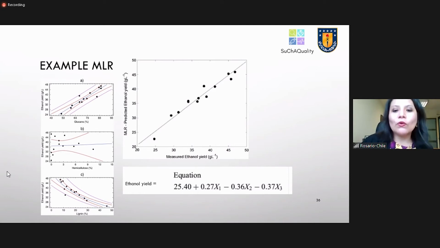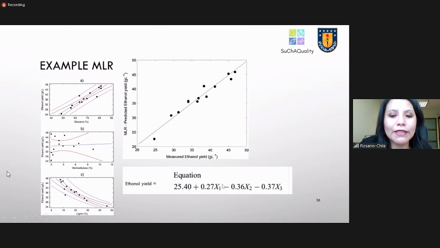Okay, so we have just three variables, glucans, hemicellulose, and lignin, and we submitted this data to a multiple linear regression, and I obtained an answer like ethanol yield, and one equation gives us information about the contribution of each component.